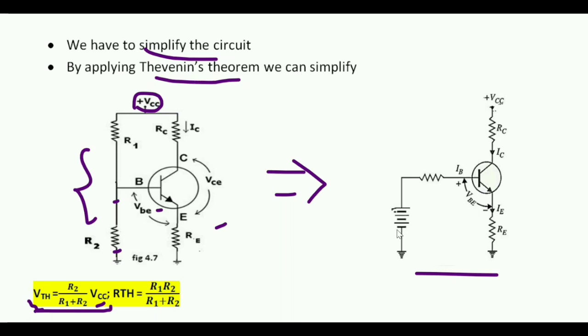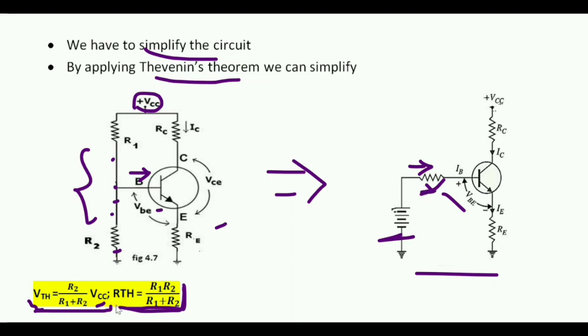That is the voltage that is provided by the R2 resistor to forward bias the base emitter junction, and we have to calculate the total equivalent resistance at the input side, that is resistance offered by R1 and R2. We have seen that these two are in parallel. So the equivalent resistance is R1 R2 by R1 plus R2.